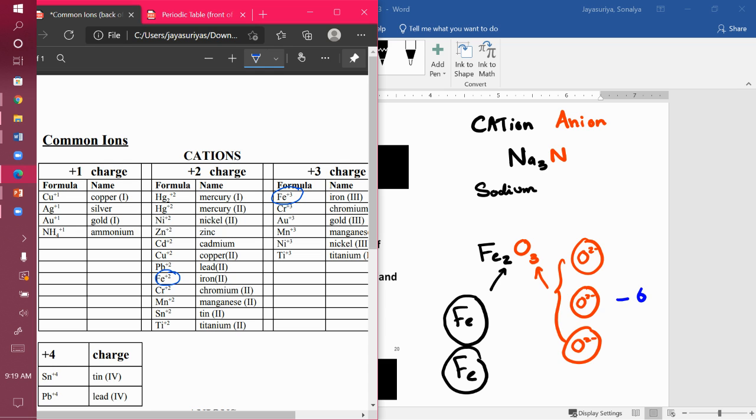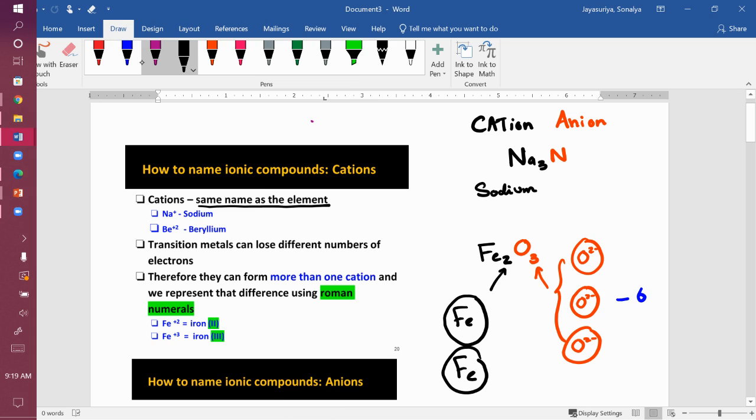Here's how you figure it out. If you have a negative 6, in order to balance it out I need a plus 6. I have to distribute the plus 6 equally to these two atoms, and the only way I can do that is if I give each iron atom a plus 3 charge. Plus 3 twice gives me 6.